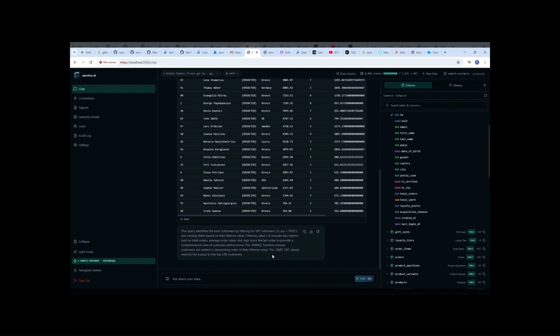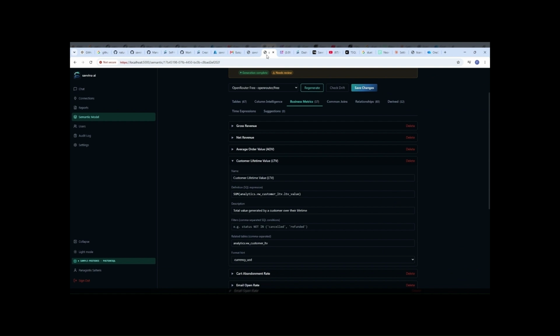Let's see what it did here. It filtered for VIP customers and ranked them based on their lifetime value. But why did it do that? Because in our semantic model, we have also used a customer lifetime value business metric. We have added it here, and probably our query used this filter.